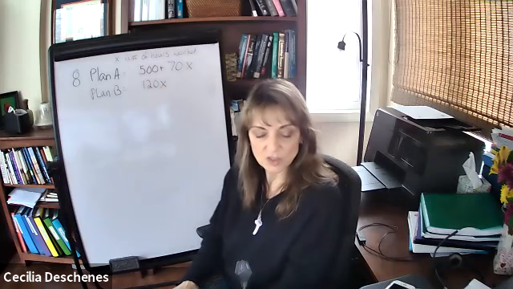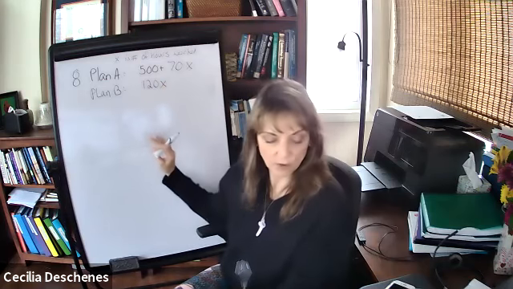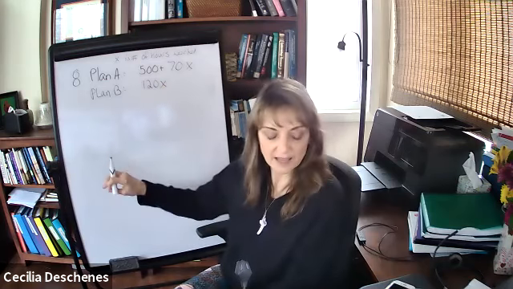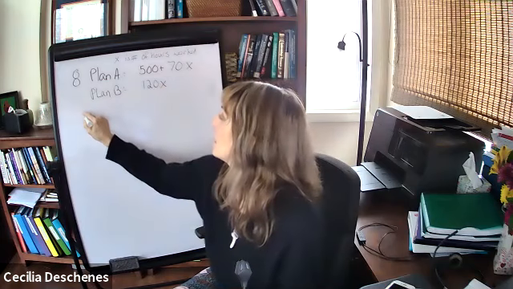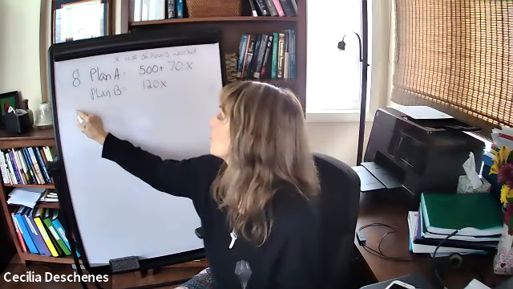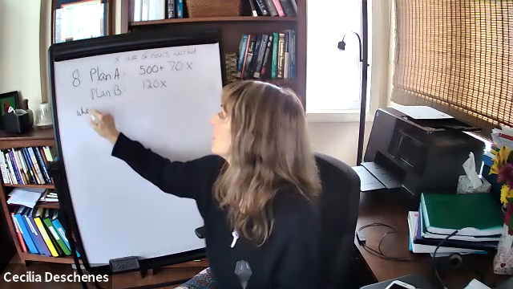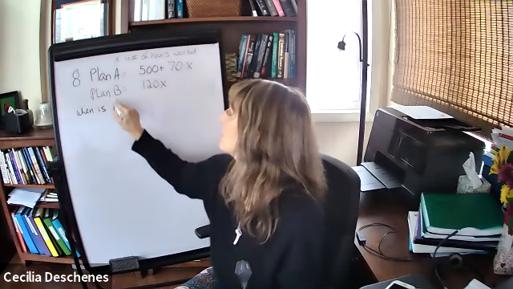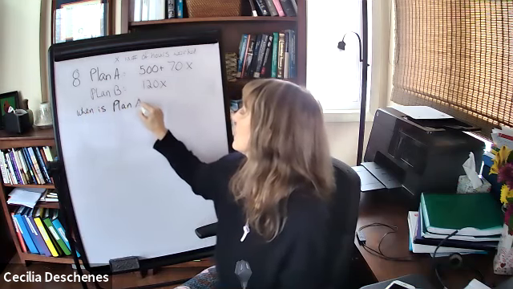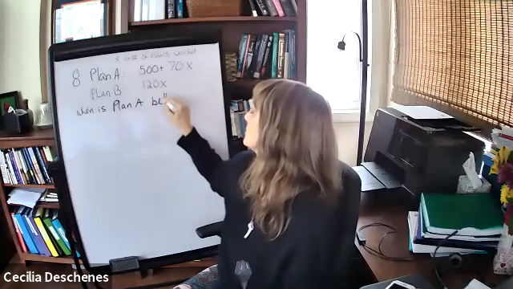All right. So we want to know, what is the X value for when Plan A is the better plan? And what do we mean by better? When is Plan A better?